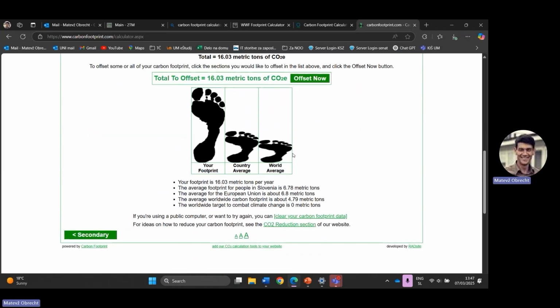So here you can see again your footprint, country average, world average. So we can see that Slovenian average footprint is 6.78 tons. For European Union, we can see it is more or less the same. Globally, it is a little bit less, so 4.8 metric tons, and the worldwide target to combat climate change is actually 0 metric tons.